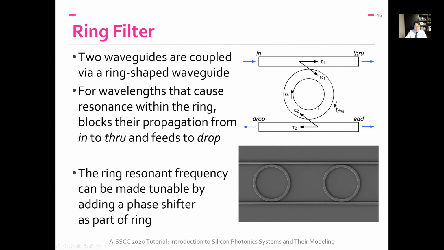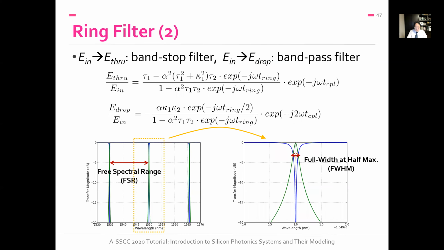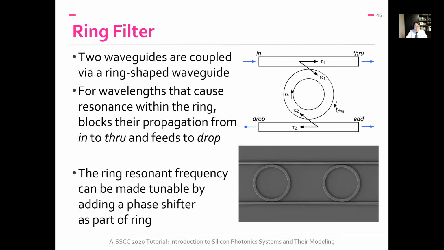And again, you can make this ring part variable, tunable by adding a phase shifter into it, which means that you can change the wavelength that you're selecting. If you look at the transfer function of this ring filter from the input port to the through port, that's a band stop filter because it's basically a ring resonator.